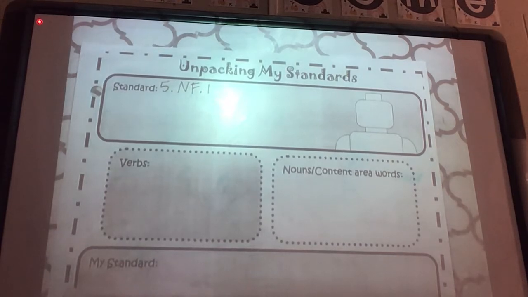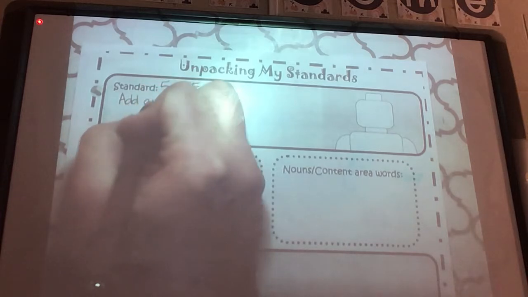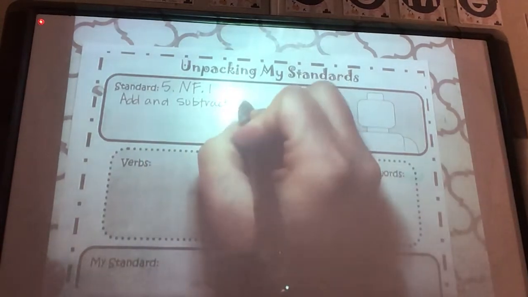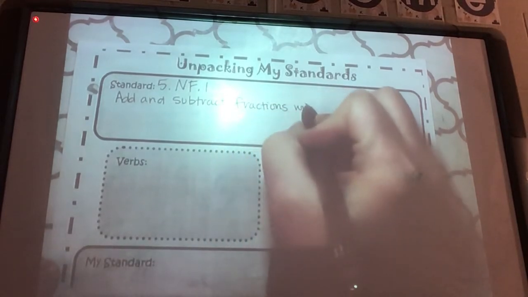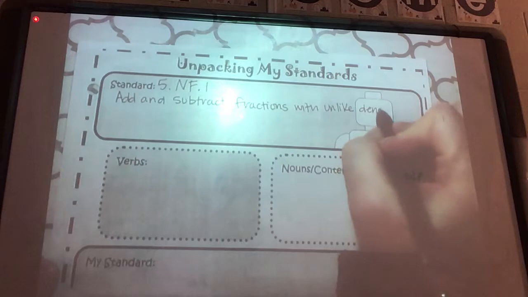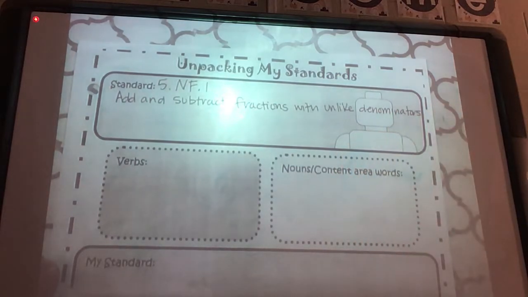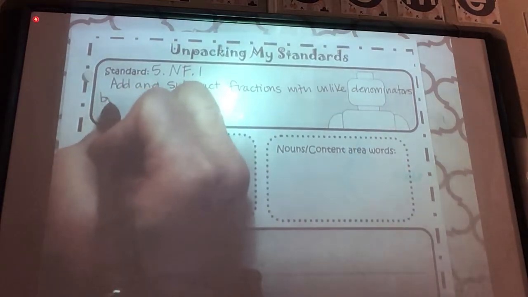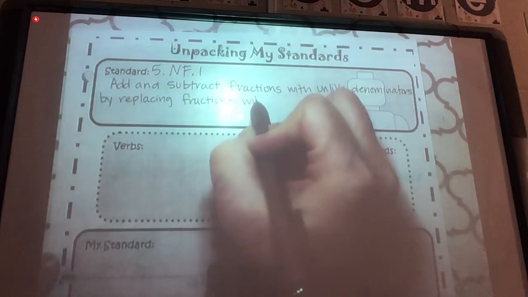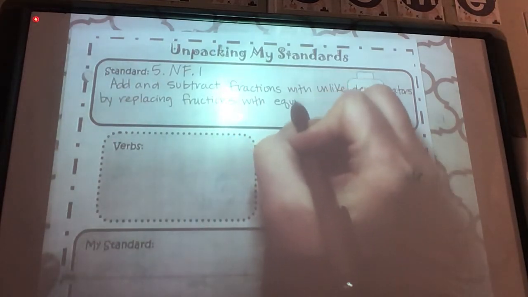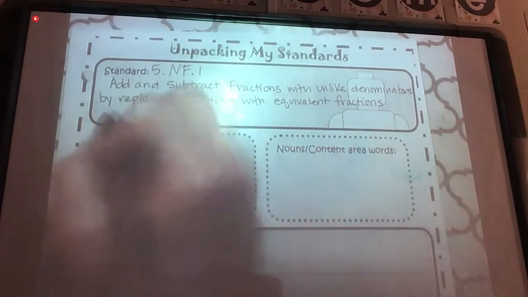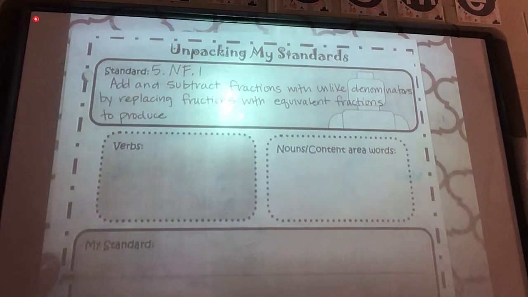And the standard says add and subtract fractions with unlike denominators by replacing fractions with equivalent fractions to produce an equivalent sum or difference.